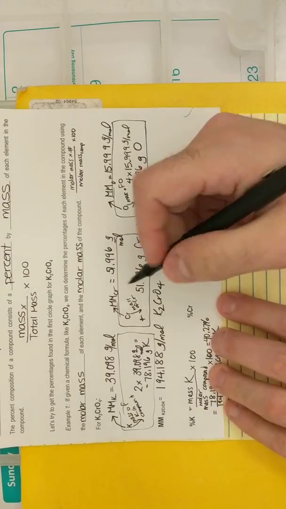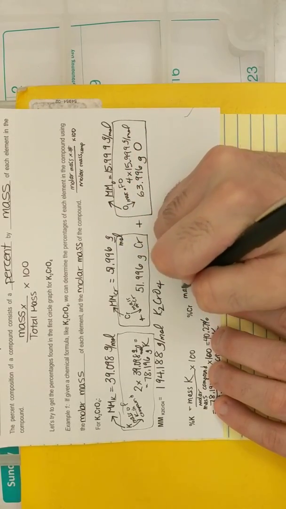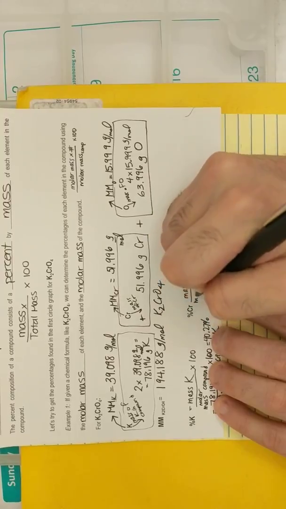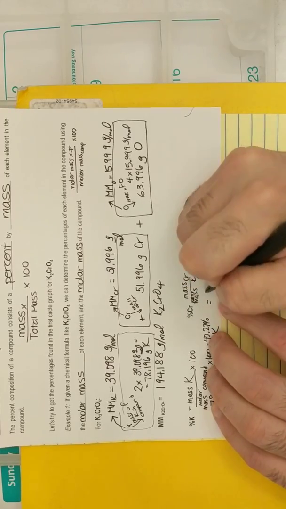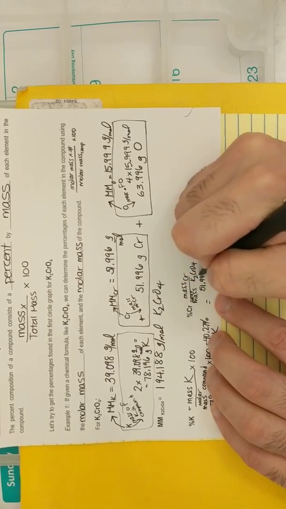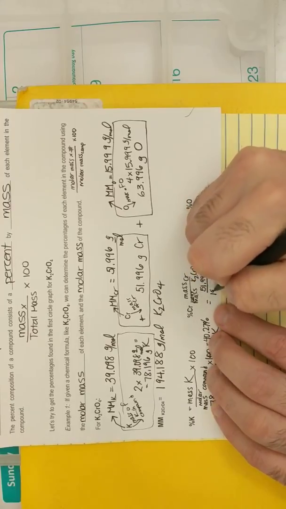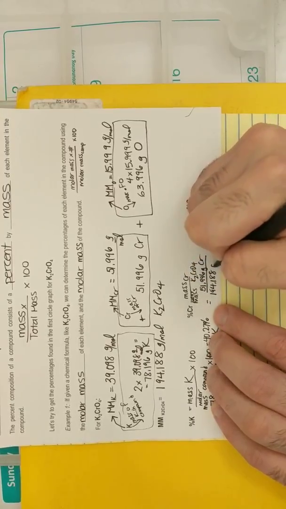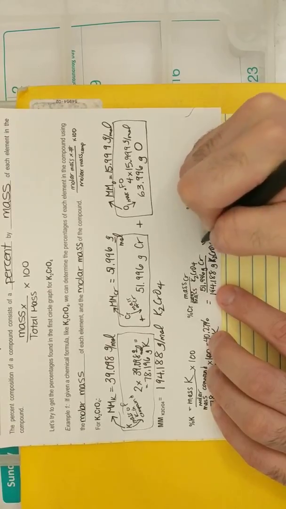If I want the percentage of chromium, I'll do the mass of chromium over the molar mass of K2CrO4. So 51.996 grams of chromium over 194.188 grams of K2CrO4, times 100.